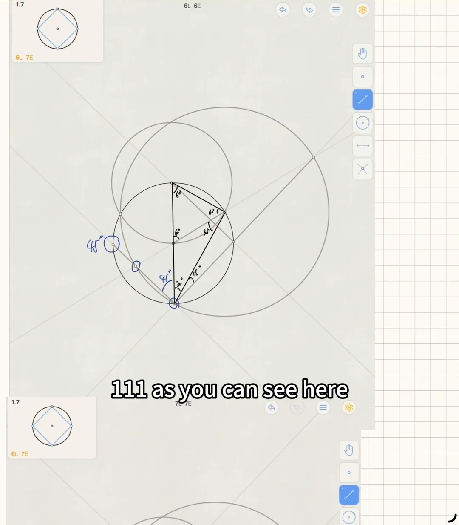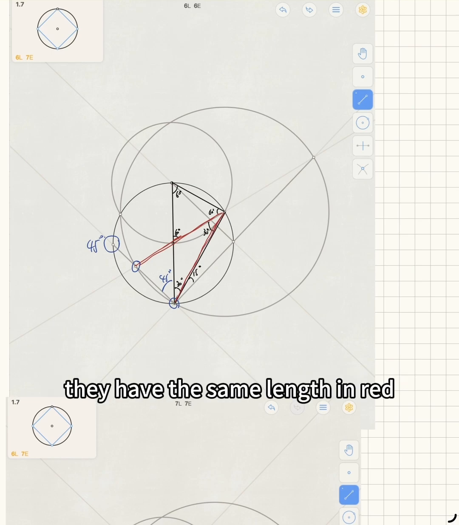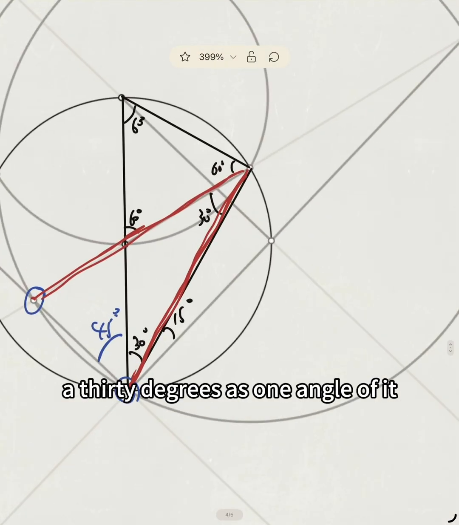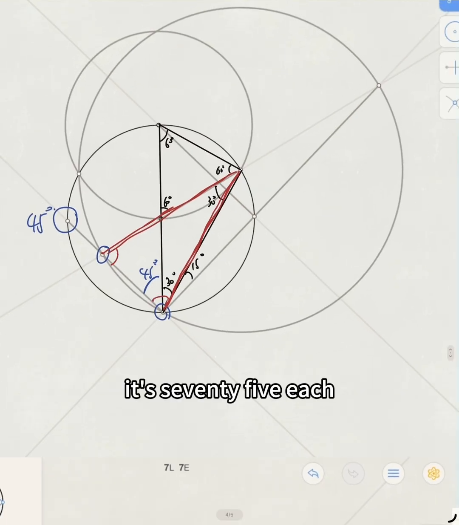As you can see here, as I draw in red, this line has the same radius as this line. They have the same length in red. So this is another isosceles triangle with 30 degrees as one angle of it. So the other two, which have the same angle, are 75 each.